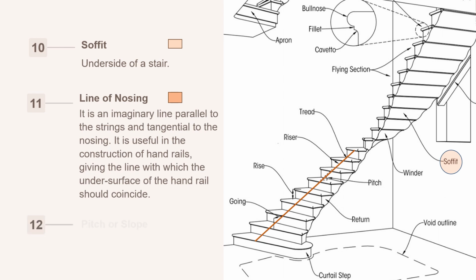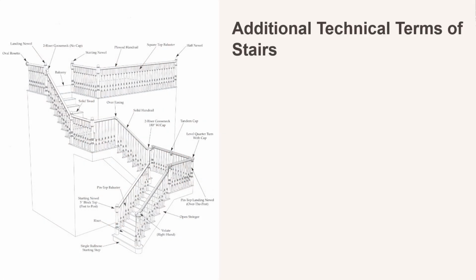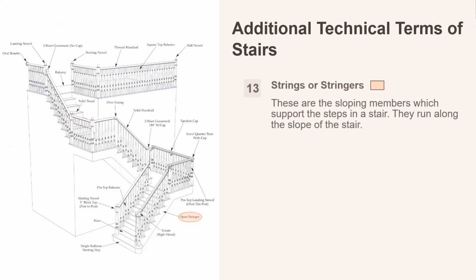Pitch or slope. This is the angle the line of nosing makes with the horizontal. Think about the slope of the stairs at your own college. If it is around 35 degrees, it is designed for comfort and efficiency. It is like the slope of a hill, making the climb easier or harder. Strings or stringers. These are the sloping supports that hold the steps.